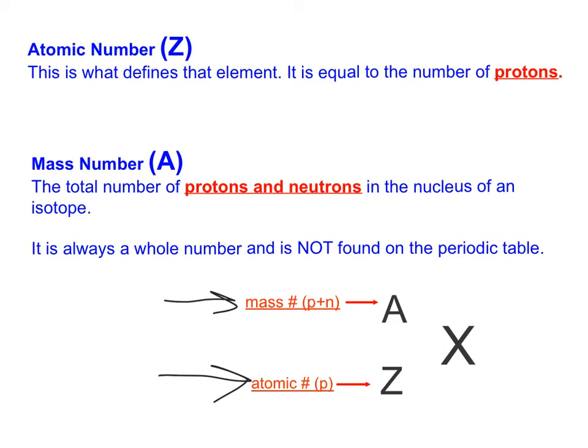Now notice, the top number should always be bigger than the bottom number. Okay, except in a couple very, very rare cases, typically speaking with hydrogen. But 99% of the time, your top number will be bigger than your bottom number. Okay, so that's just a shorthand way of describing atoms and elements.